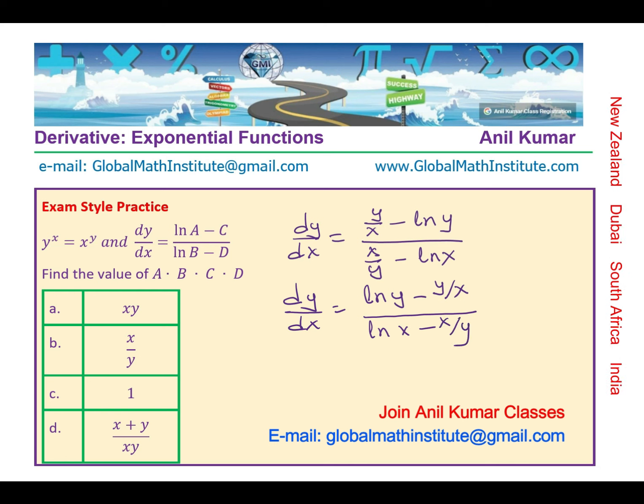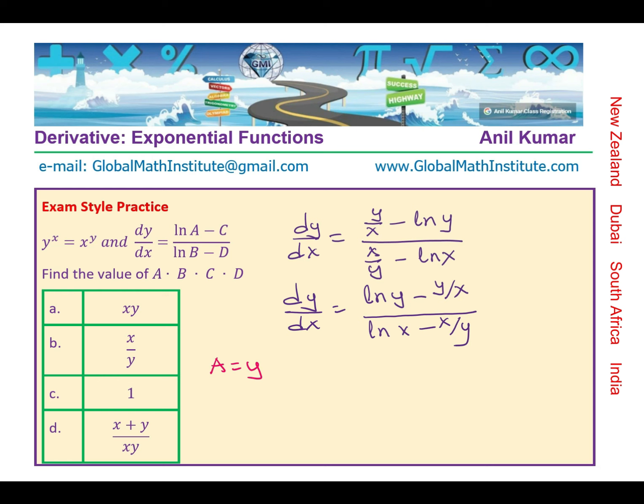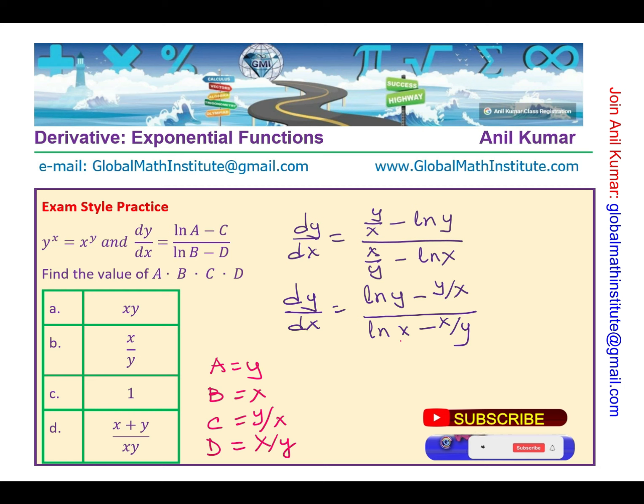Now we can compare the terms, right? So a for us is equal to y, b is x, minus c is minus y over x, so c is y over x, and d will be x over y. We need to find the product of a, b, c, d, right?